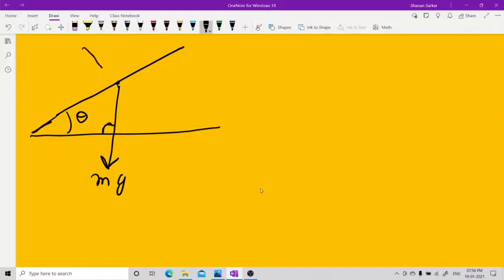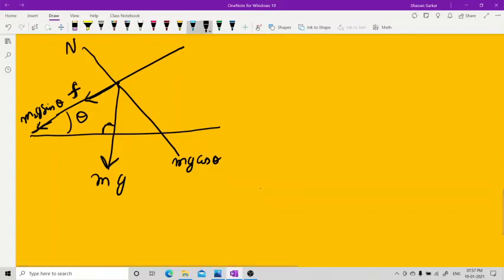The normal reaction is in this sense. This is your mg cos theta, undoubtedly. Now since the body does not slip down, there will be a friction in this sense. If you want to write, you can write mu N. And mg sine theta here, no problem. And here is your normal reaction.